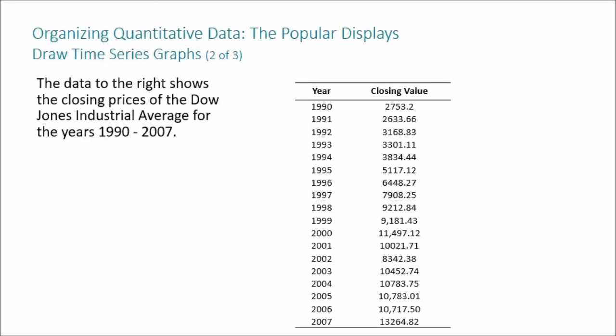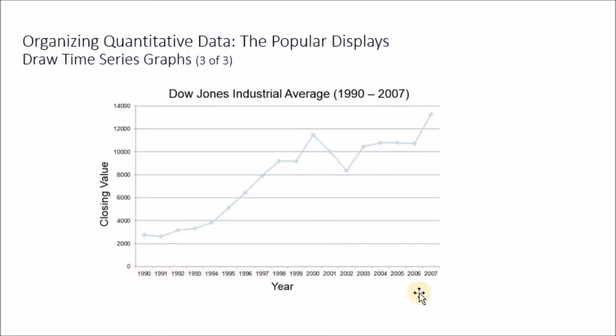The data to the right shows the closing price of the Dow Jones Industrial Average from the year 1990 to 2007. This is the year column and this is the closing value. Now, let's draw a time series graph. The horizontal line is going to represent the years, and the vertical line is going to represent the closing value.